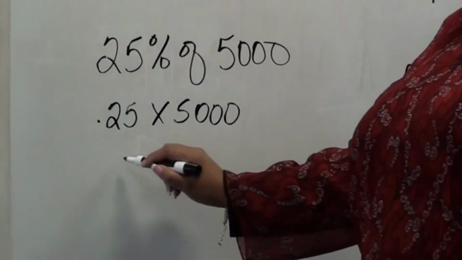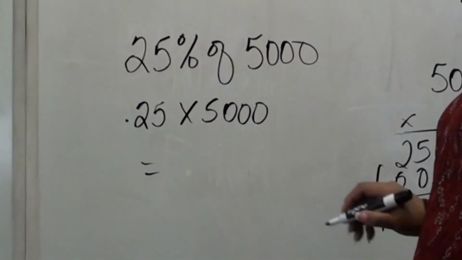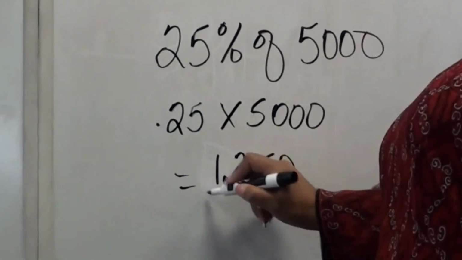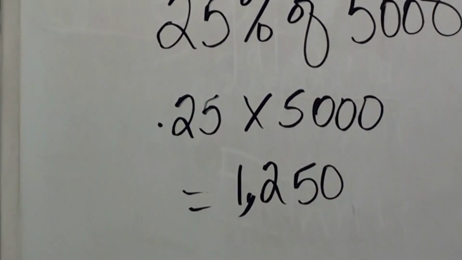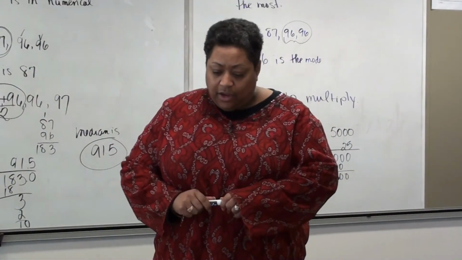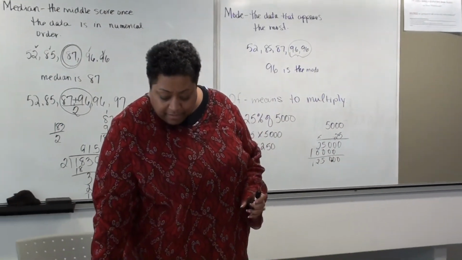Wow. So if there were 5,000 kids in foster care, then 1,250 of them are between the ages of 6 and 10. From 6 to 10.